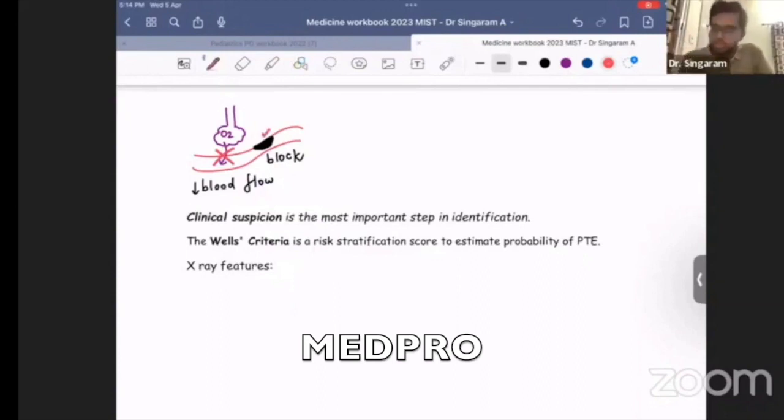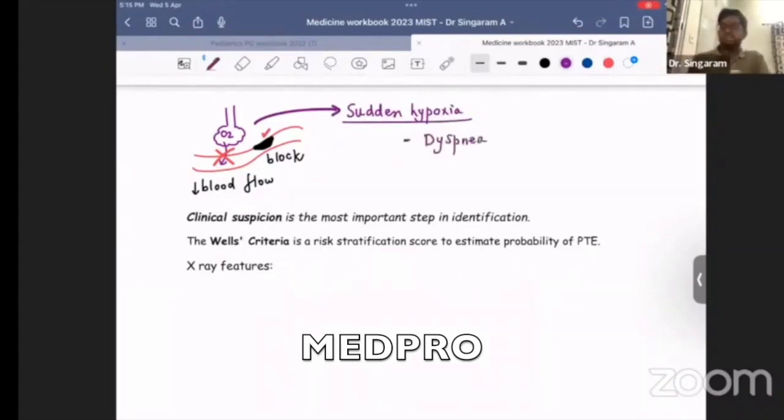So this is going to result in what? This is a sudden blockage, correct? So this is going to result in sudden hypoxia, and that hypoxia typically manifests as the patient becoming suddenly breathless, with sudden dyspnea. This is supposed to be the most common presenting feature, sudden breathing difficulty.